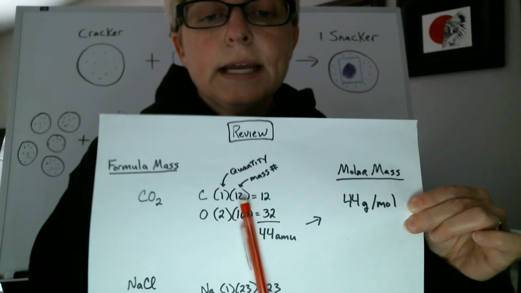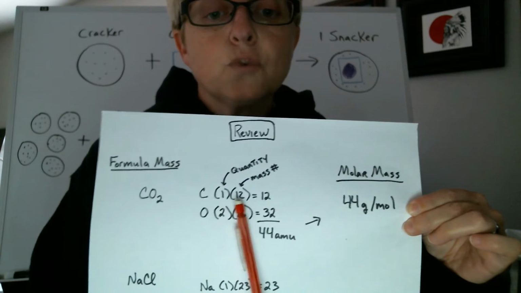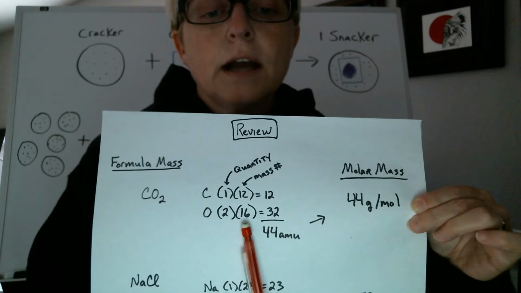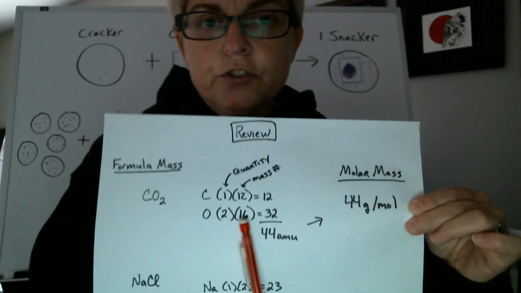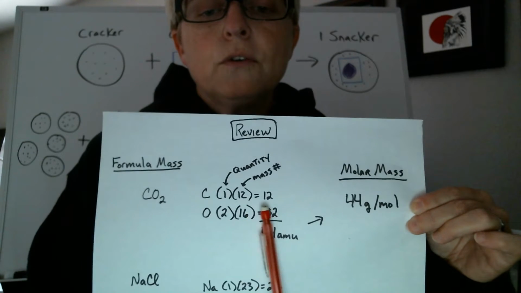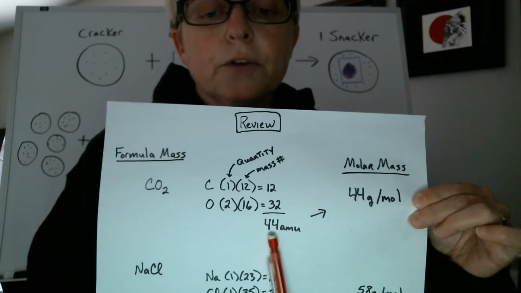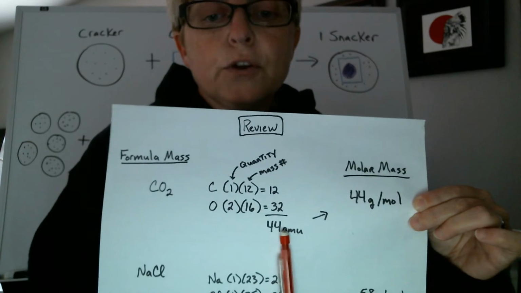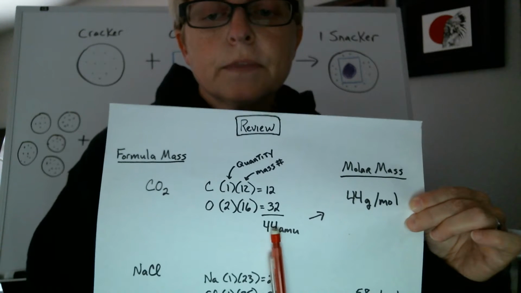Carbon has a mass of 12, and oxygen has a mass like 15.99, so I have my students just round that to 16. So 12 times 1 is 12, and 2 times 16 is 32. We add those together and we get 44, and our unit is AMU, which stands for atomic mass unit.